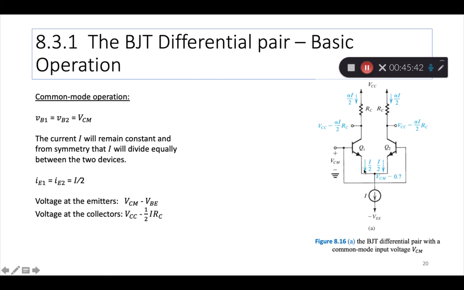The voltage at this emitter is VCM minus VBE, and VBE is generally about 0.7 volts for a transistor in saturation. So that will be VCM minus 0.7. The voltage at the collectors is VCC minus half IRC by KVL. So let me stop here and we'll come back and finish off the BJT and then look at some problems.